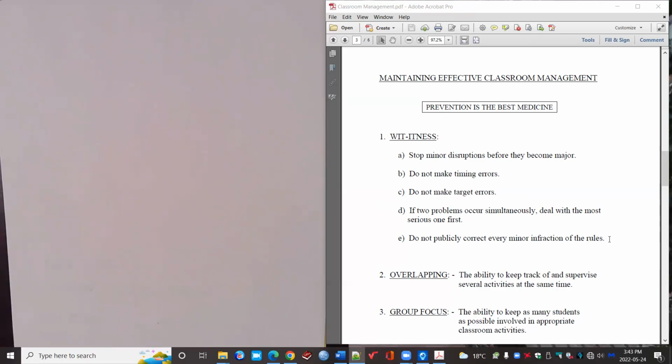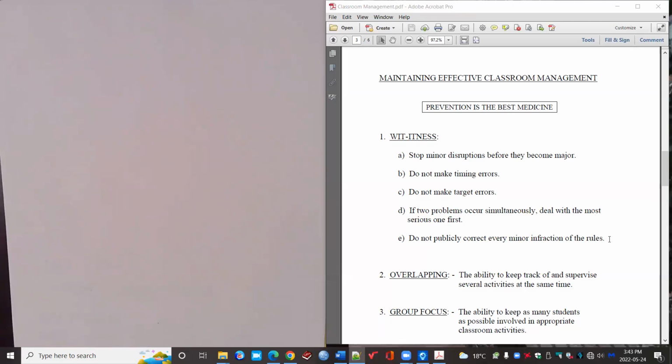If a procedure is not being followed, remind the student of the procedure. Then ask the student to state the rule or procedure and follow it. And then finally, you tell the student assertively to stop misbehaving. If the behavior is dangerous, you will have to do that at once. Just stop it, stop it.